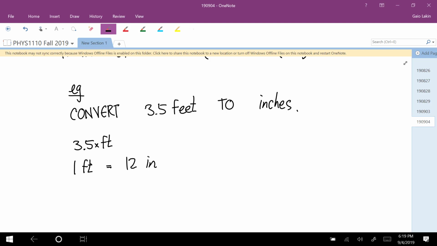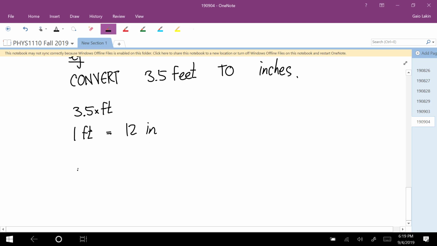Since those two expressions mean the same thing, 1 foot and 12 inches, we can divide one by the other. And since you're dividing one thing by itself, you just get 1. And so 1 foot divided by 12 inches is equal to 1. And that's also equal to the reciprocal of that fraction, so it's the same thing as 12 inches over 1 foot.